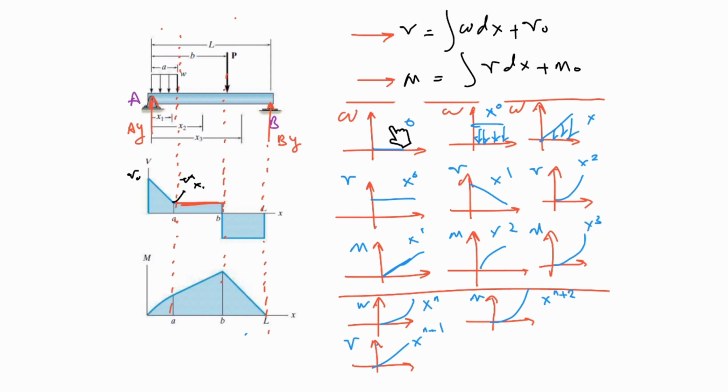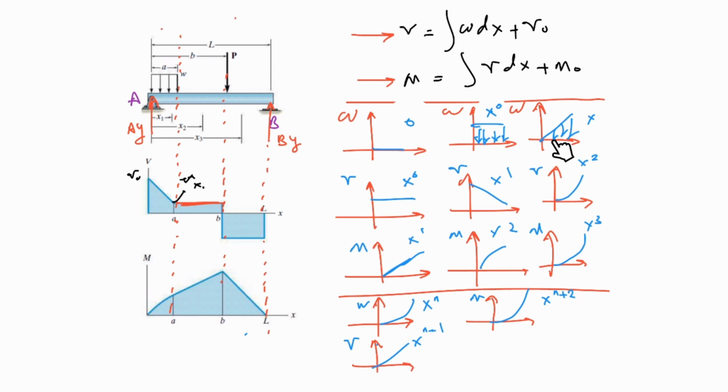We said that if there is nothing on the W, for example here I have nothing, we have a constant value for V and a line for M. If we have a constant distribution like this one, what we would have is a line for V and a parabola for M, like this one, a line and a parabola.